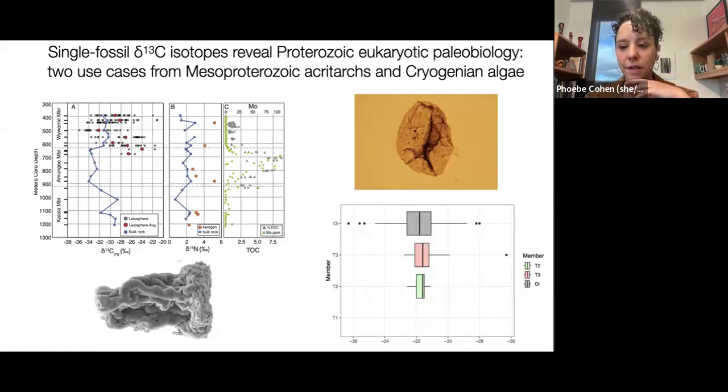So your point is well taken: how can I say one is due to taxonomic variability and the other is due to water column dynamics? And I think the red algal interpretation, or the use of isotopes to derive the red algal interpretation, is something that we're still very much investigating. And so I presented it here as sort of a tantalizing idea based on our understanding of modern red algal isotopic signatures.